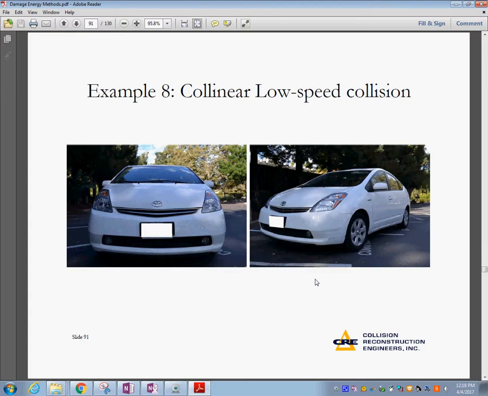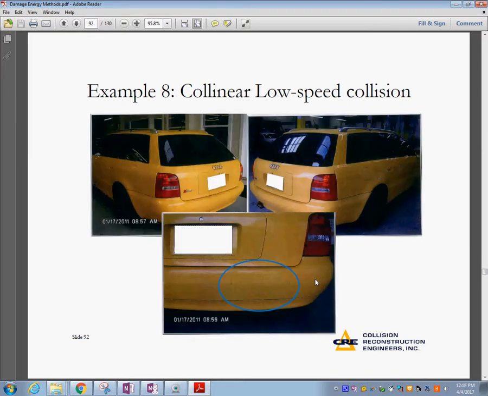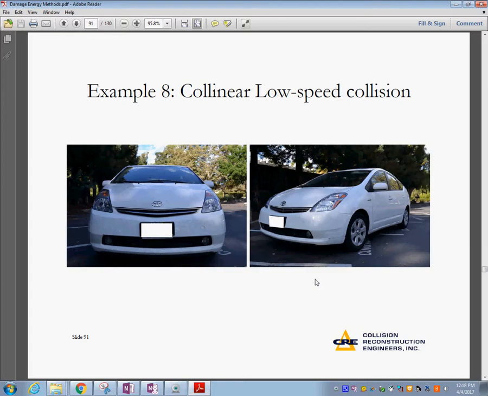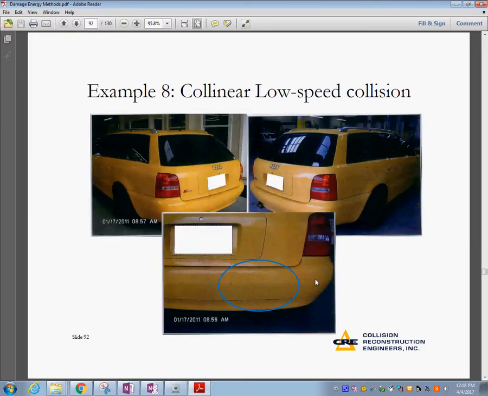So you have a collinear low-speed collision. There's your vehicle, and there's the other vehicle that apparently was hit on the back, but you can hardly tell damage in there. At the moment, you can see some scratches.